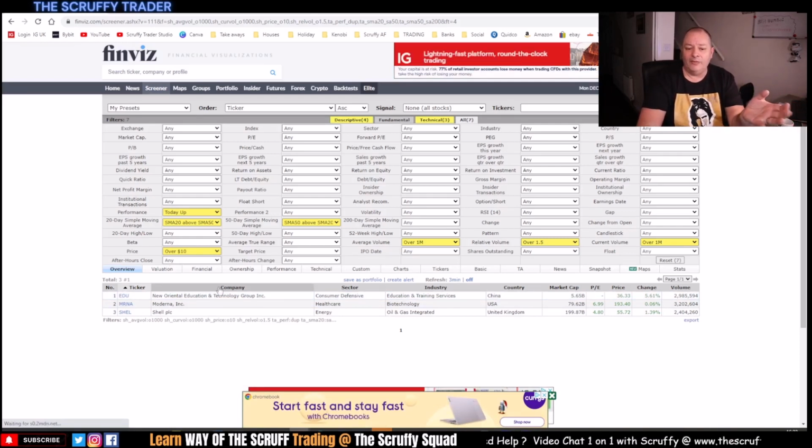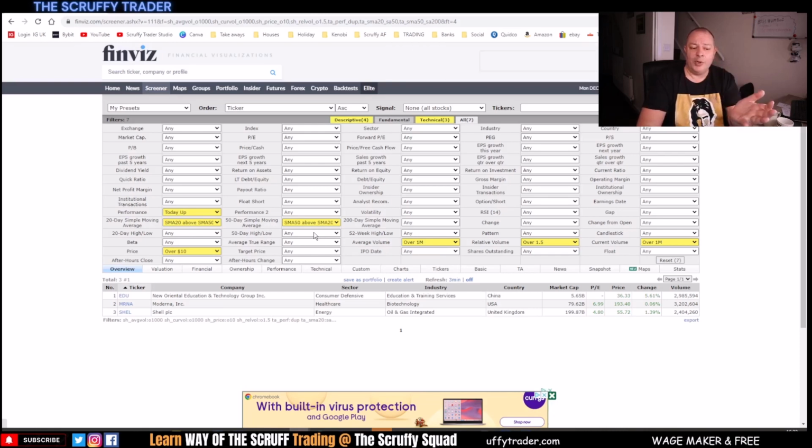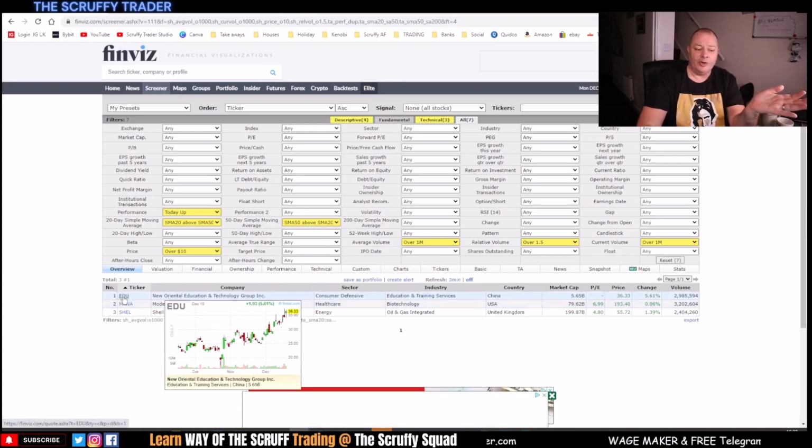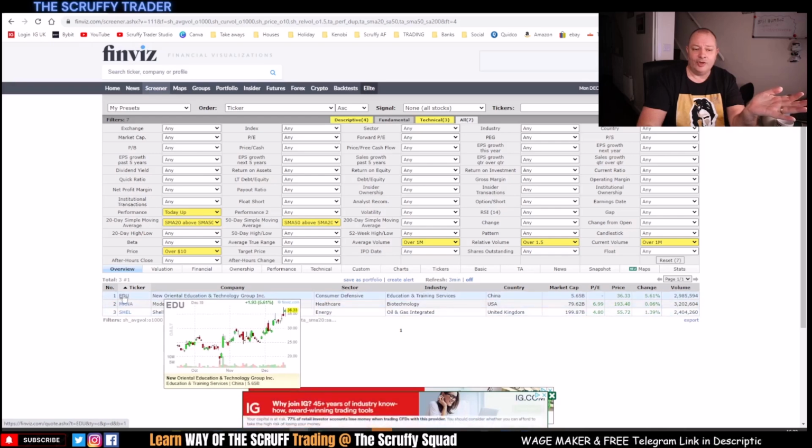I want the relative volume to be 1.5. In other words, that is rising, and the current volume is over 1 million. So I know it's in check with everything, and then it's just a basic filter of 20 above 50, etc. And I pulled out 3, and there it is there. It was the chart that I like, because if you hover on that, it'll show you the chart.